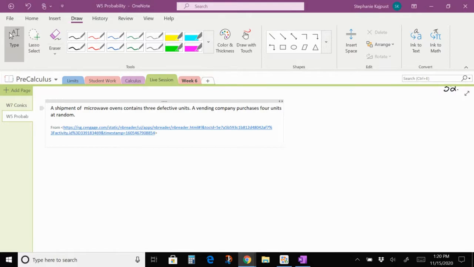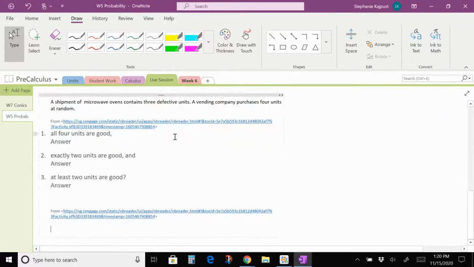It says a shipment of microwave ovens contains 3 defective units. A vending company purchases 4 units at random, and then it's got basically 3 choices for the probabilities, which are very similar to the kinds of things in the fire truck problem. So a shipment, oh, it didn't copy the number. For whatever reason, the number didn't copy. It says 12 in the textbook.